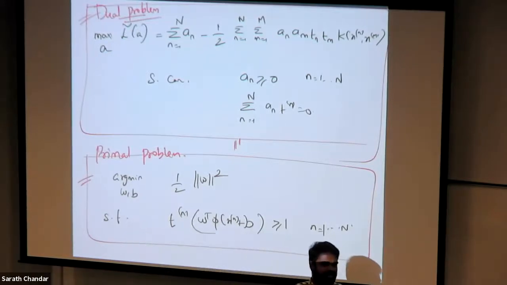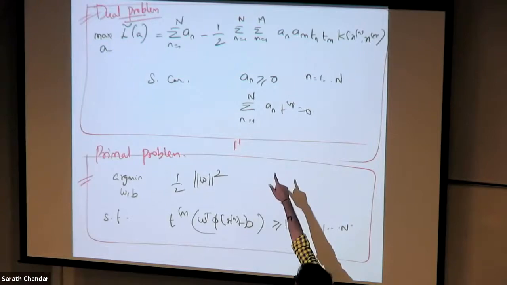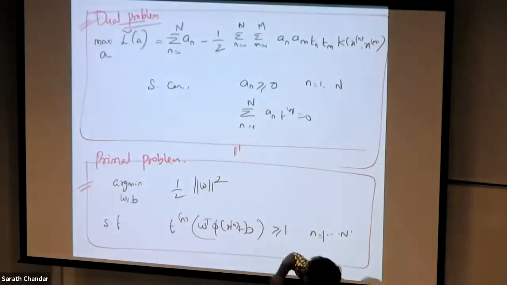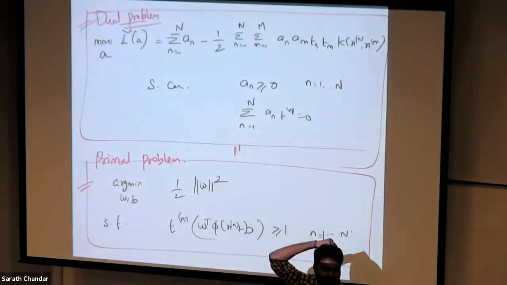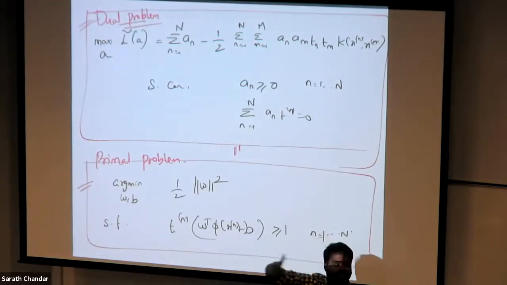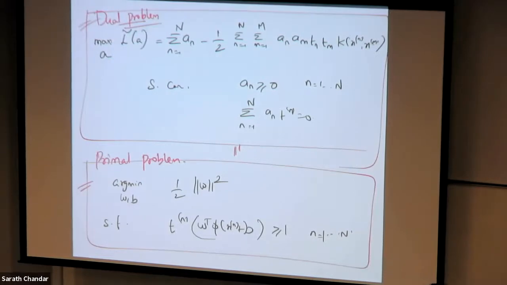However, let's say there are only 20 examples. Now you look at the dual problem, which is maximizing with respect to a. Now a is a bunch of Lagrangian multipliers for 20 examples, so there are only 20 Lagrangian multipliers. So it is going to take you order 20 cubed to solve the dual problem.